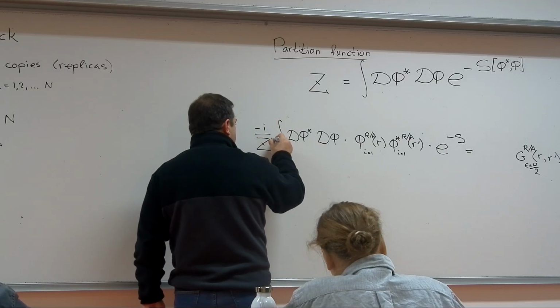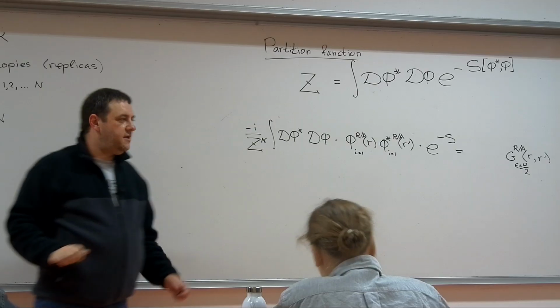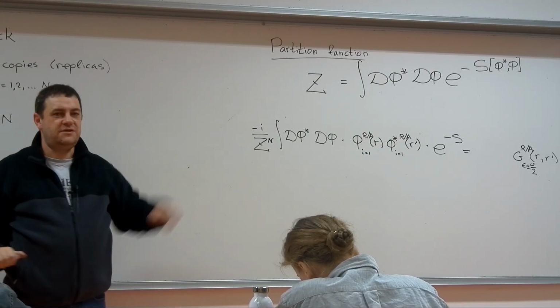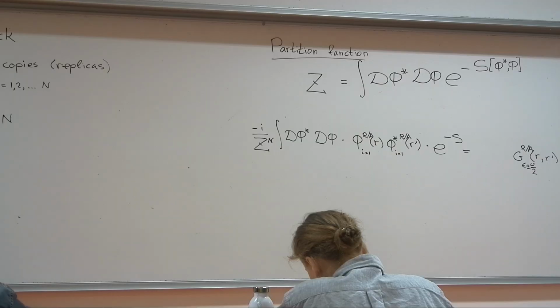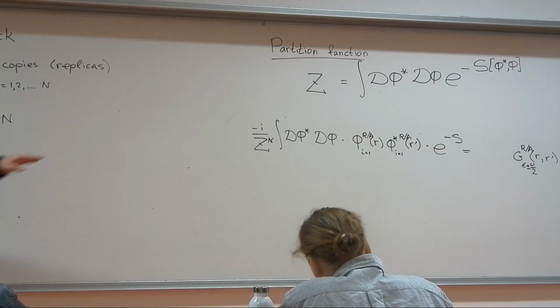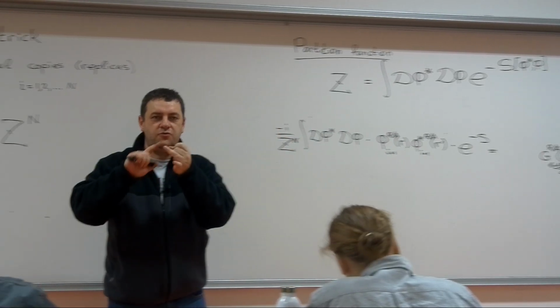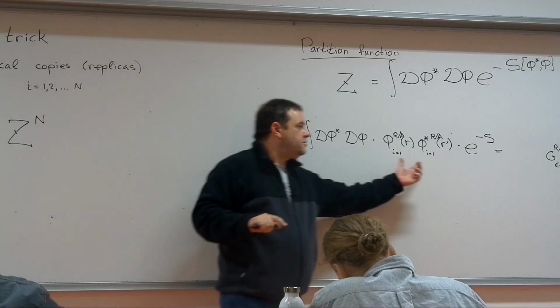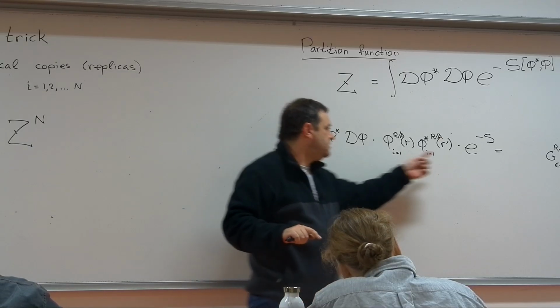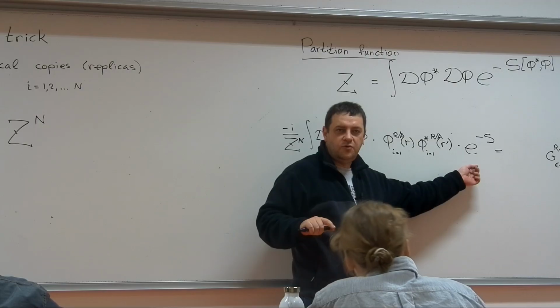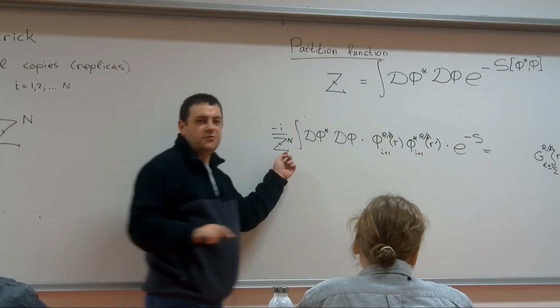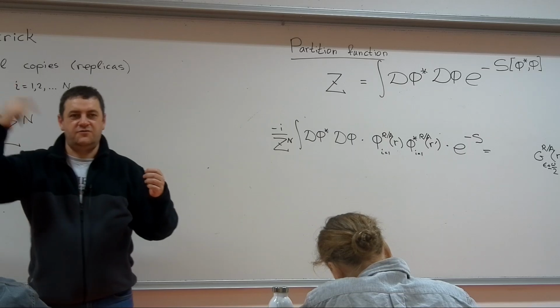So I have Z to the power n here. And this thing is the same Green function I had initially. I take this integral in replica number 1, but in replicas 2, 3, 4, and so on, I don't have this prefactor, so they just produce extra copies of Z, which cancel extra copies of Z here, and in the end I have just 1 over Z.